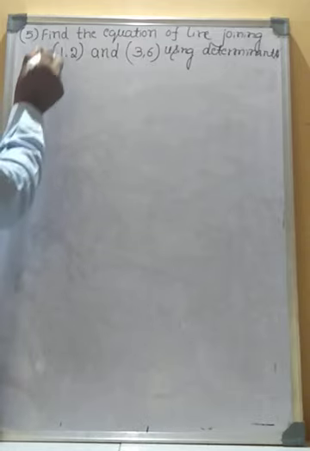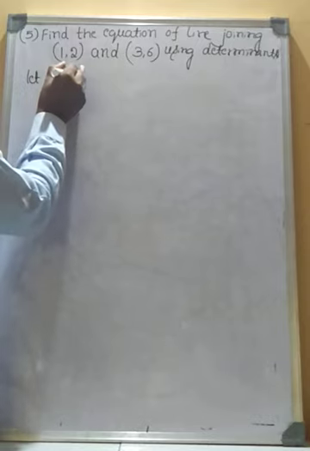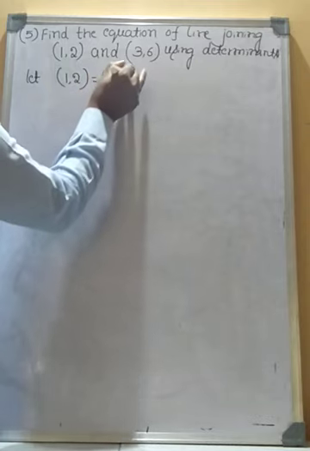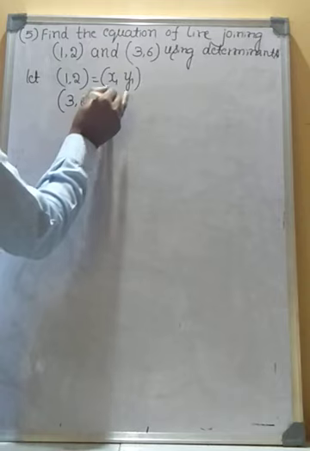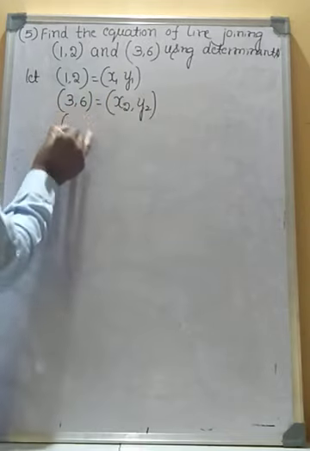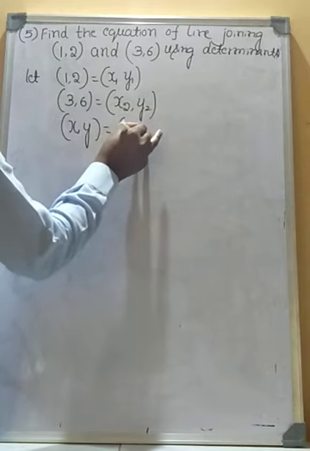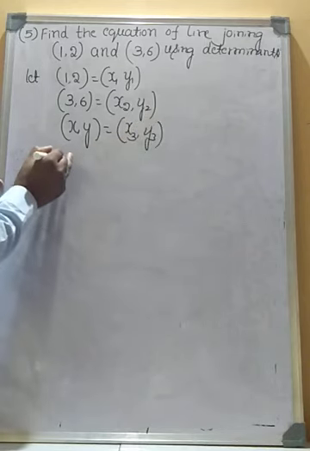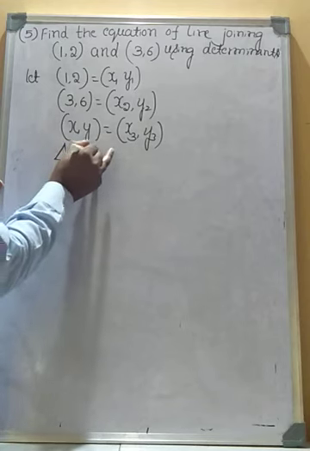So here in solution, let 1 comma 2 be x1 comma y1, 3 comma 6 be x2 comma y2, and x comma y be x3 comma y3. Delta, the area, becomes 0.